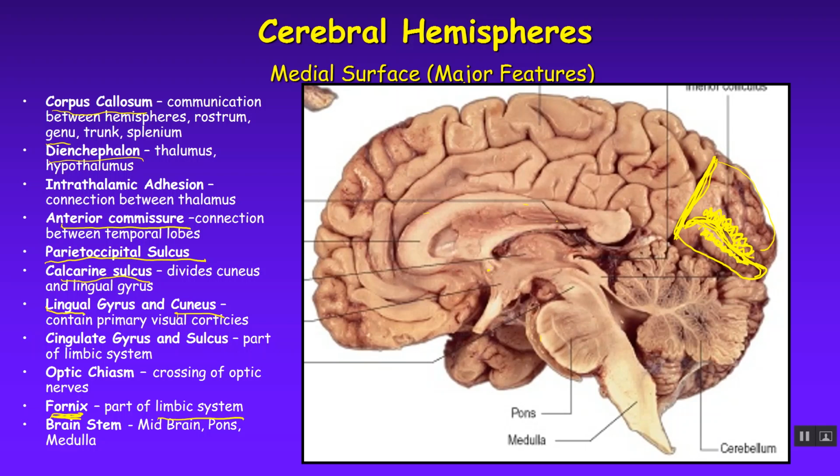That's where the primary visual area is, when information coming in from your brainstem, from your vision, goes to the cerebrum for conscious awareness of vision. That's the first stop: the lips of the calcarine sulcus on either the cuneus above or the lingual gyrus below.